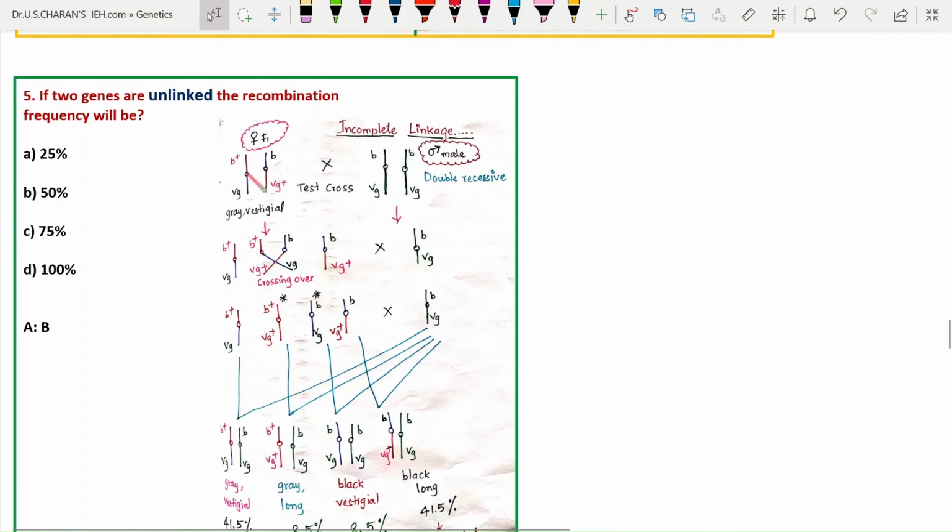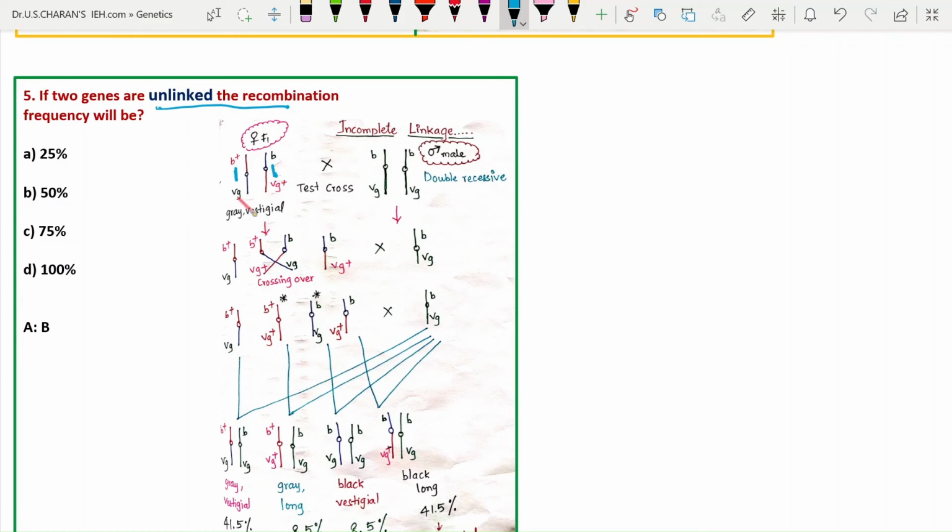If two genes are unlinked, the recombination frequency will be? If two unlinked genes are present on two chromosomes, these two genes located on the chromosomes are unlinked genes. How much percentage of these unlinked genes are involved in crossing over and how much are not involved?